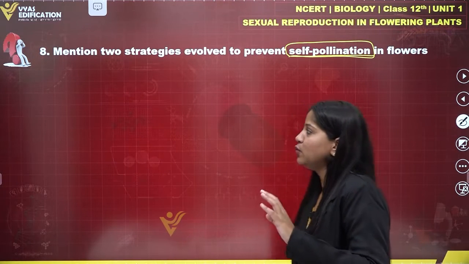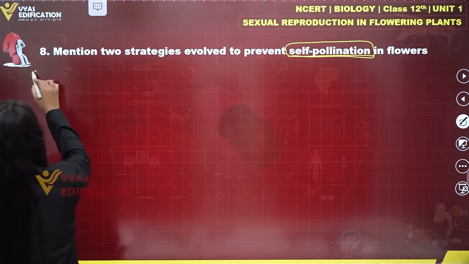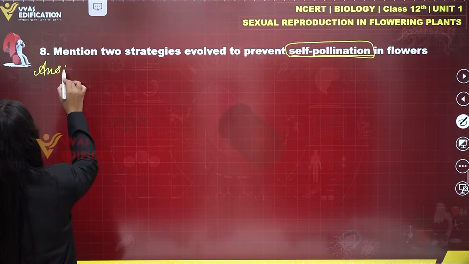So these are the two strategies to prevent self-pollination, and let's write the answer.